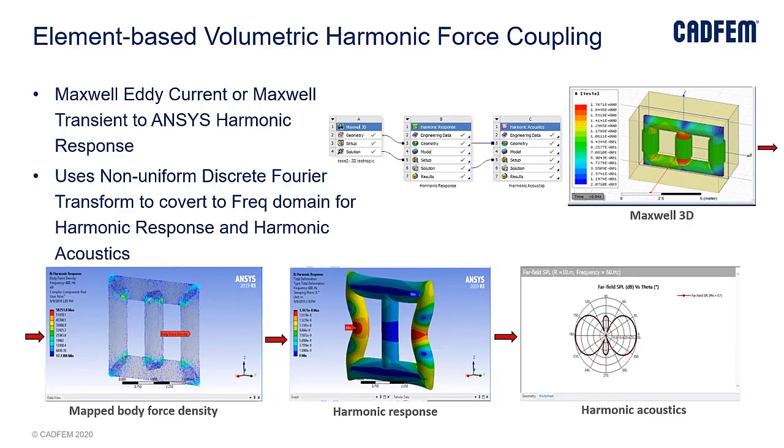We map these time domain forces into frequency domain forces to understand the structural behavior due to magnetostriction. Basically it will use the NDFT technique, non-uniform discrete Fourier transformation, to convert these time domain forces to frequency domain forces and to understand the harmonic acoustics.